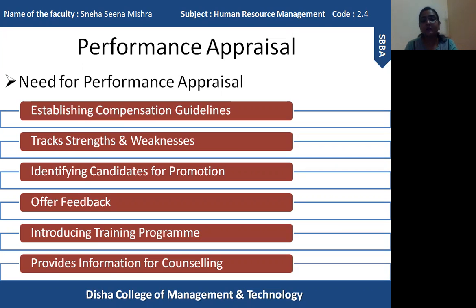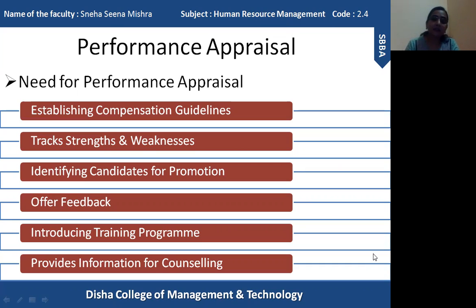The employees need to be aware of their contribution, what role they play in the organization's success. This information can only be provided if a company conducts performance appraisal from time to time. So that's why it is extremely necessary.